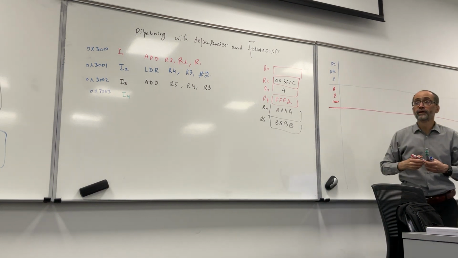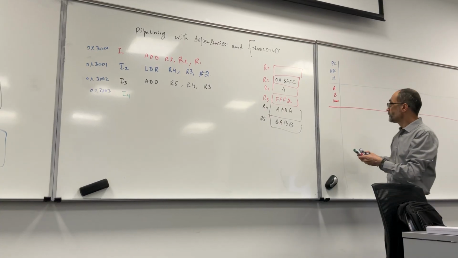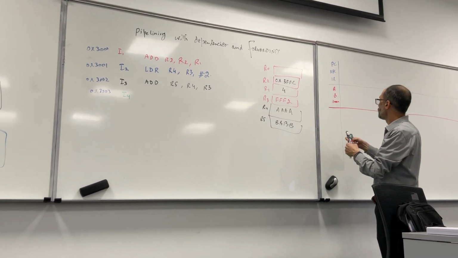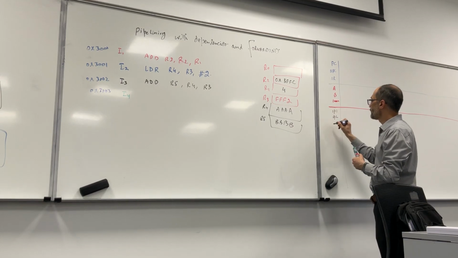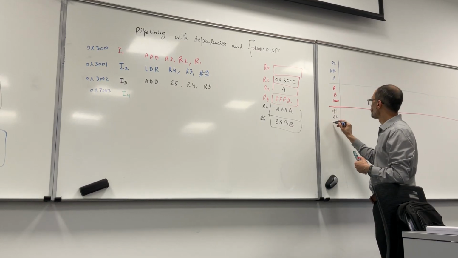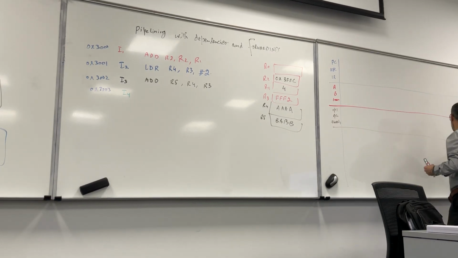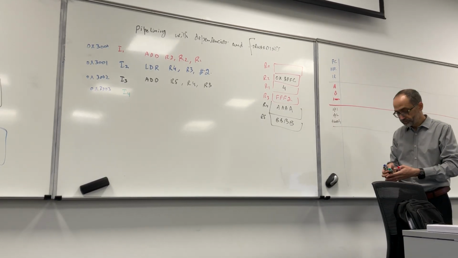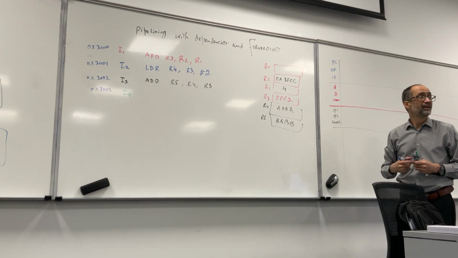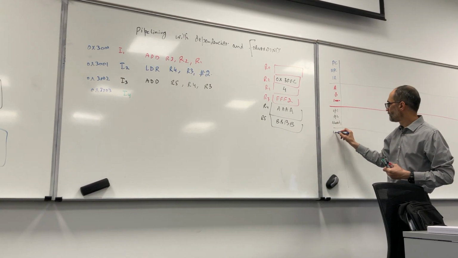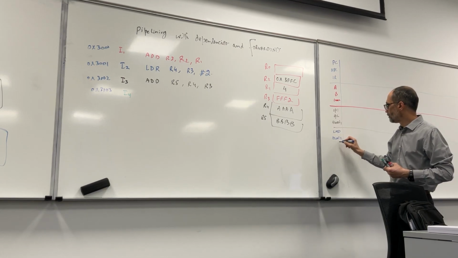Then we have op1, op2, and ALU out 1. In the next cycle, we have LMD, then ALU out 2.